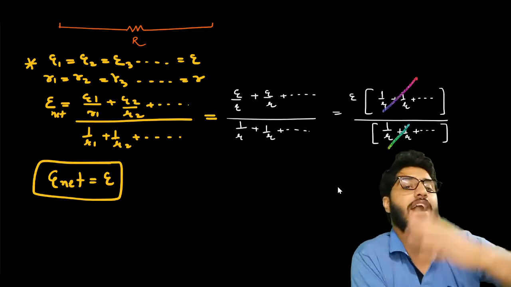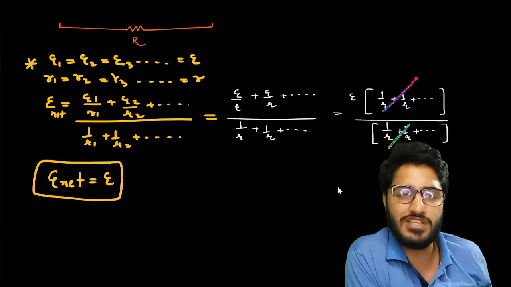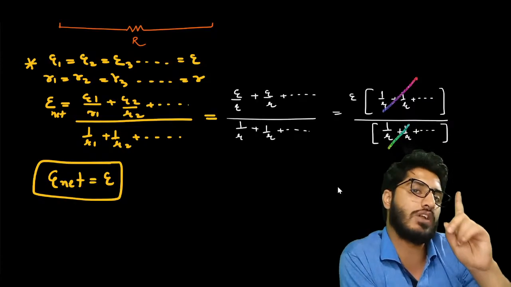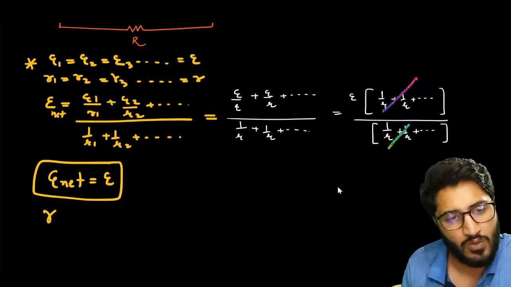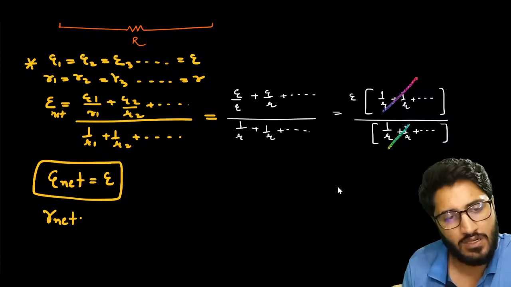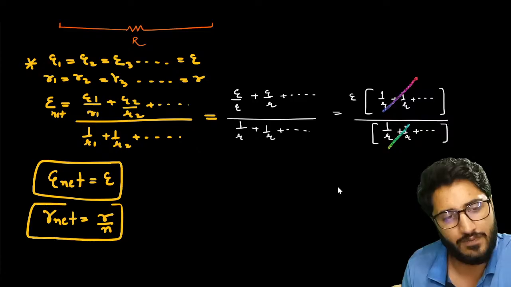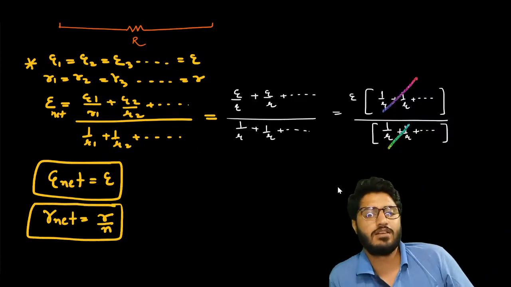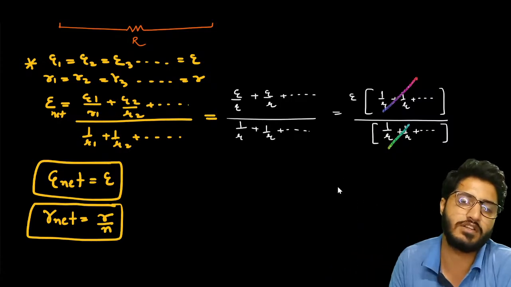Let's suppose we are having hundreds of cells joined in parallel to each other with the same EMF, what will be the resultant EMF? That will be only E. And what will be R net? Sir, it is R by N only, same as the Ohm's law case before.